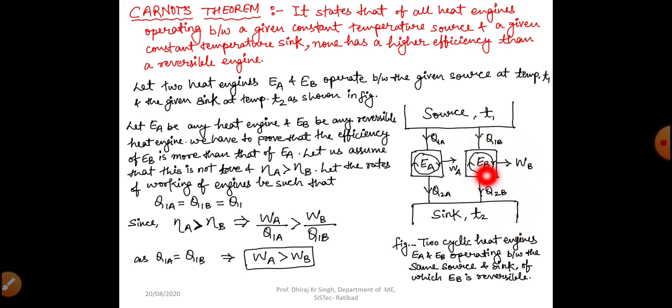So here we have taken EB as a reversible cycle. We have decided that our heat engine B is a reversible heat engine, which means that we can change the direction of that heat engine. Other things will remain constant, but the direction of the heat engine can be changed. But this one, A, is not reversible; it may be irreversible, but B is reversible.